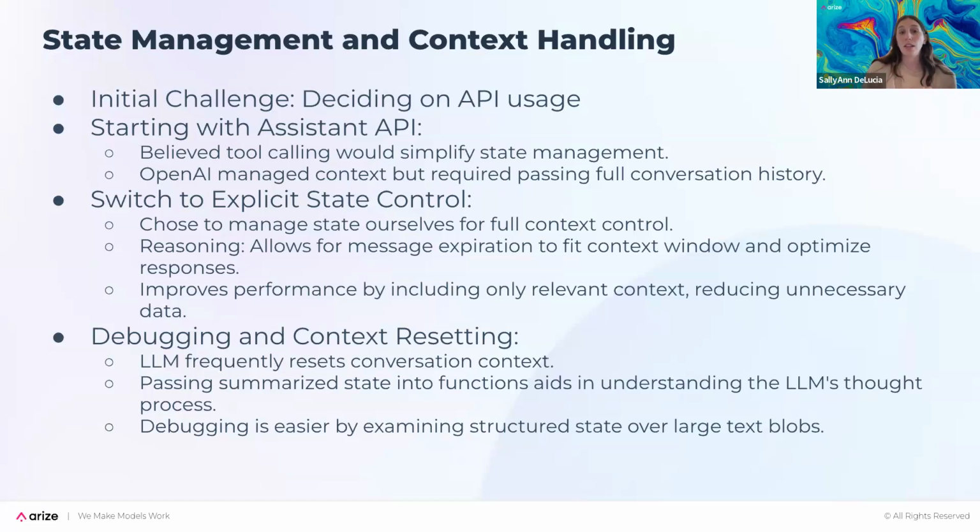We only include relevant context, and so we reduce any unnecessary context. We use a summarized state in our function. So we summarize what the conversation has been, where we're at with the debugging, and some insights that Copilot has already given. And we pass that in as our context instead of relying on OpenAI state management.